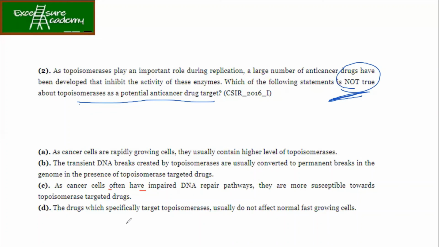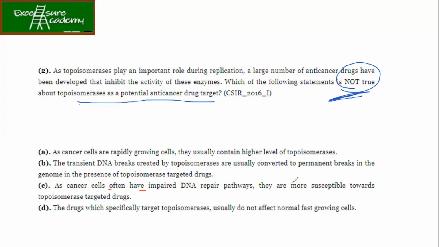The drugs which specifically target topoisomerase usually do not affect normal fast growing cells. D. Sure? D? Everyone? Yeah. Why? Because they target normal cells also, because topoisomerases are present.